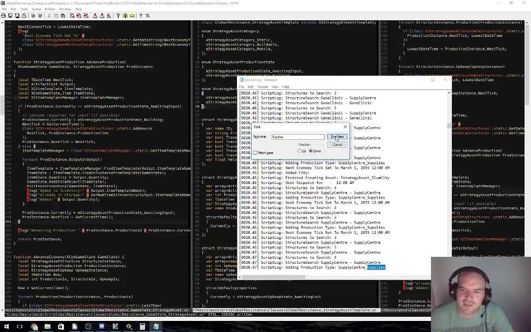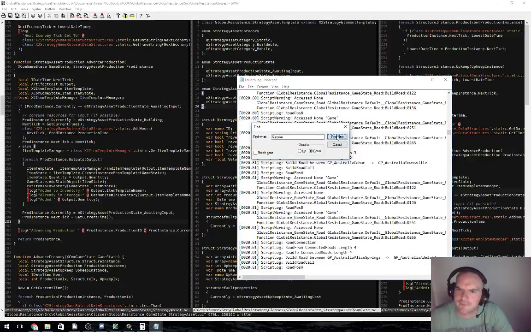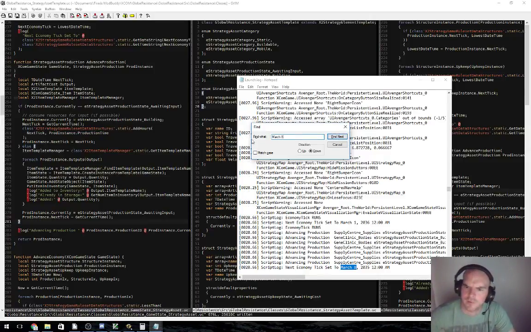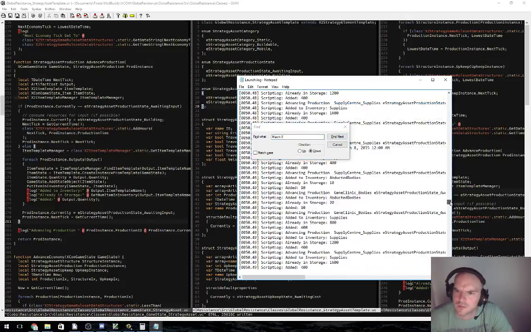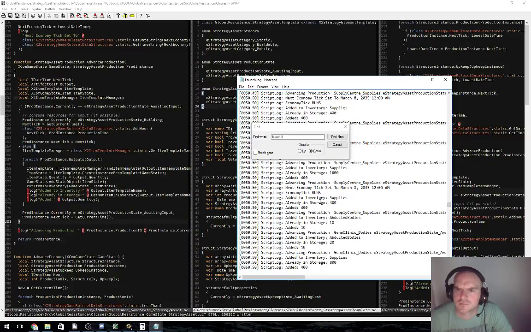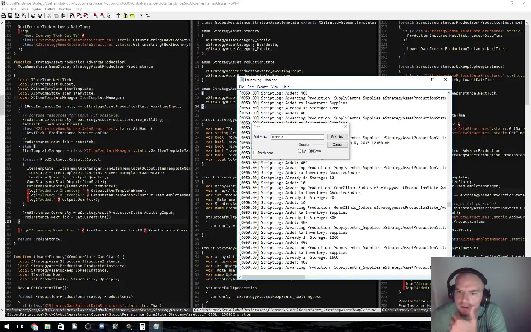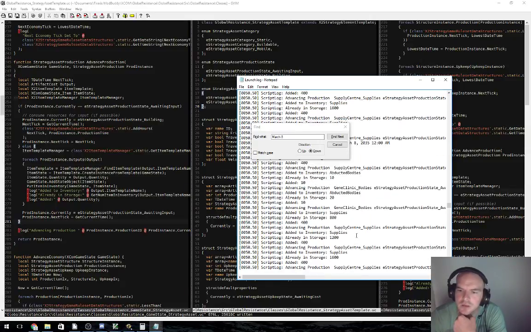I probably shouldn't have done supplies. There are a lot of cities. Alright, how about March 8? Building up abducted bodies. Supplies, supplies, supplies. Cool, okay. Well, it looks like it's working.